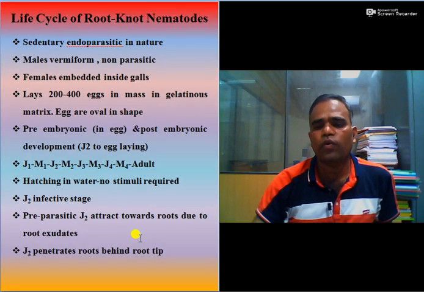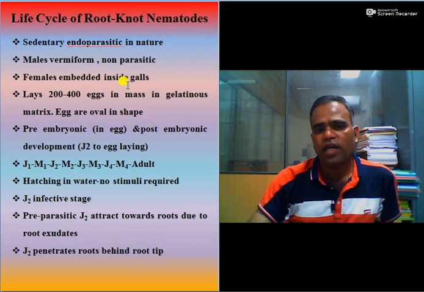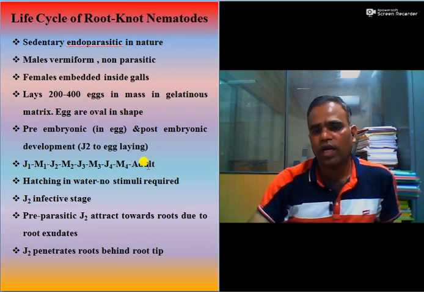So once again we will see. Female embedded inside galls lays eggs, 4 molts occur, 4 juvenile stages and 1 adult stage occur. So there are 6 life stages.